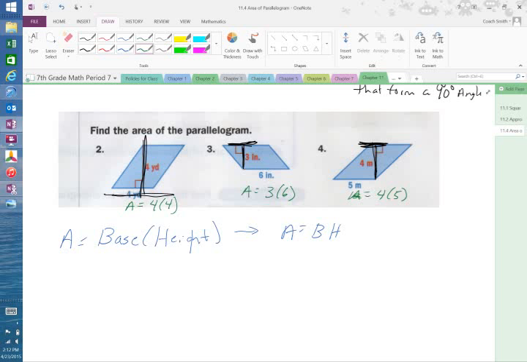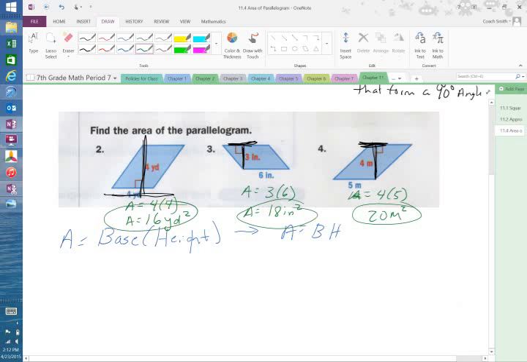Okay, then you finish it out. So area is equal to 16 yards squared. Area is equal to 18 inches squared. Area is equal to 20 meters squared. If you don't have the square, inches squared, yards squared, feet squared, it will be wrong.